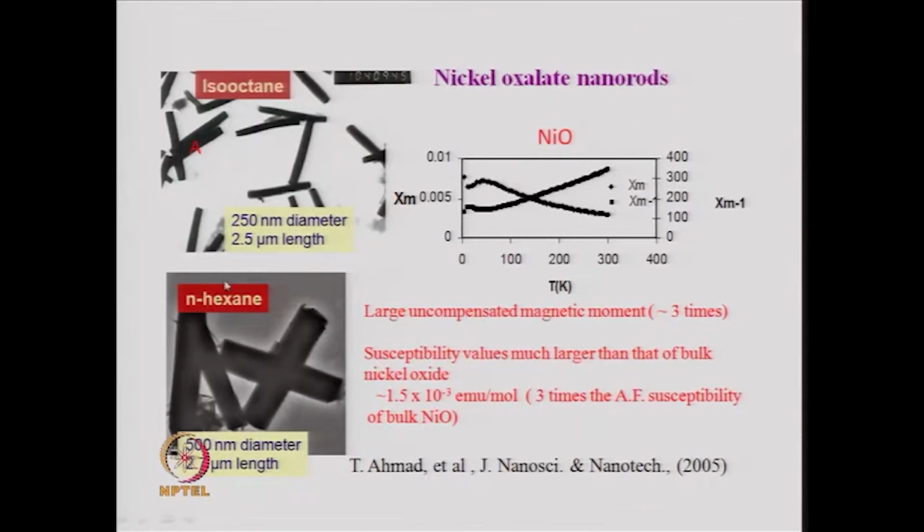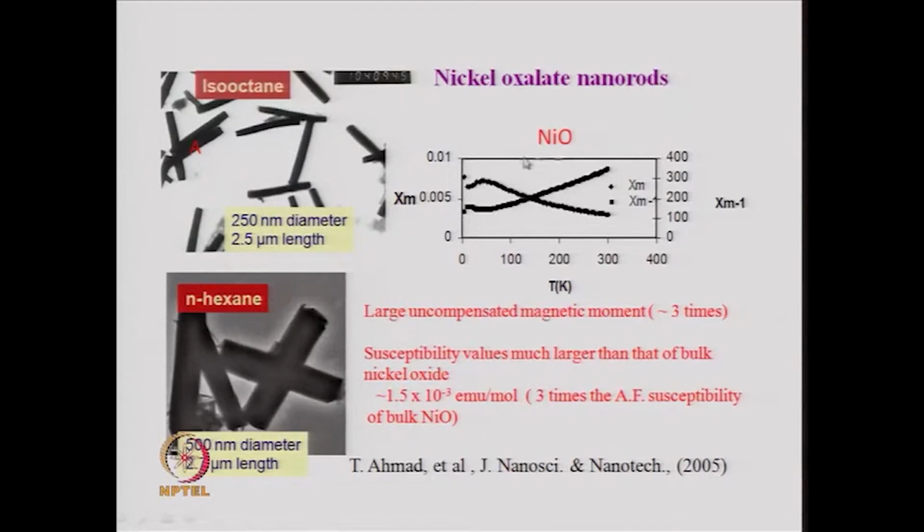Here it is isooctane and here it is normal hexane, and you see these are much narrower rods, thinner 250 nanometer diameter. Here they are broader 500 nanometer diameter, and these rods also decompose at around 450 500 to give you the oxide, which is nickel oxide.